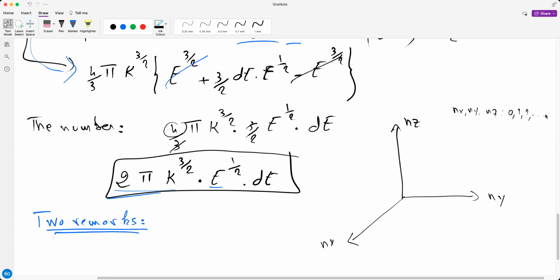However, when we calculated the number of states, we took a sphere that is centered around 0. And because it's centered around 0, the total volume of the sphere also takes into account the negative values of nx, ny, and nz.